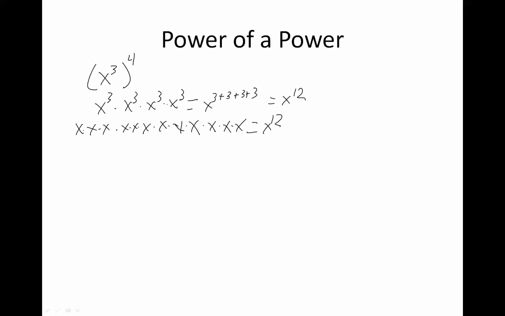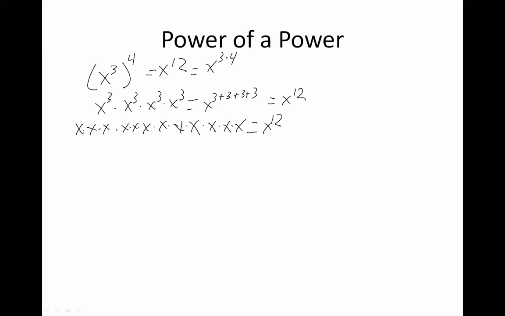Which means that I can simply say this is x to the 12th because 3 times 4 is 12. And as it turns out, that's an appropriate pattern, and it will work that way every single time.